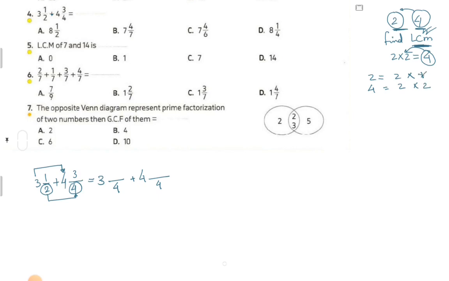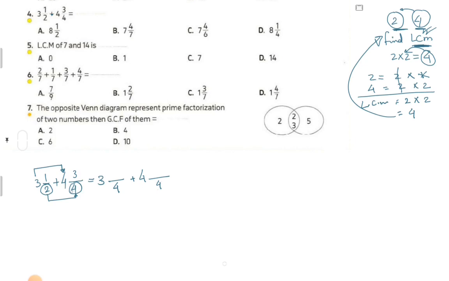Now the LCM is equal to, take 1 here, times 2, equals 4. Directly we can use that abbreviation, so I know that 4 is a multiple of 2, so I choose 4 to be my like denominator.